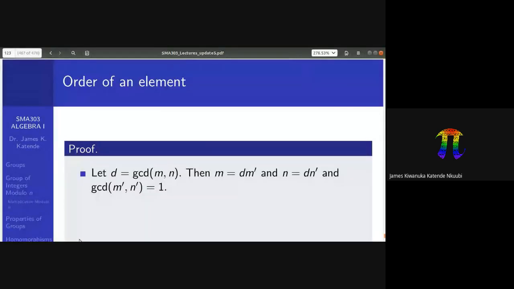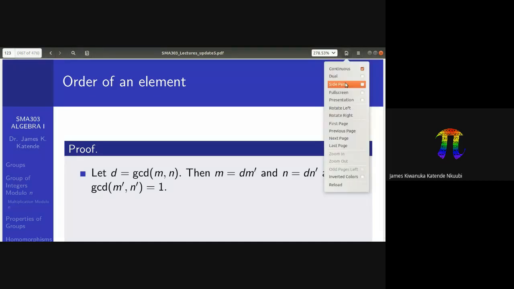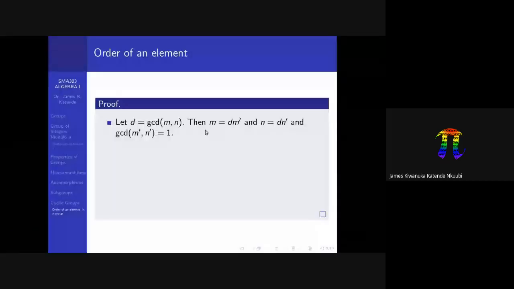Any questions on that? We will need that information later, so try to understand it. But that is fairly simple.